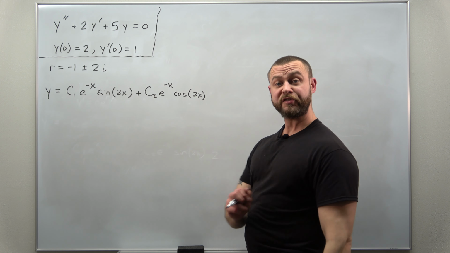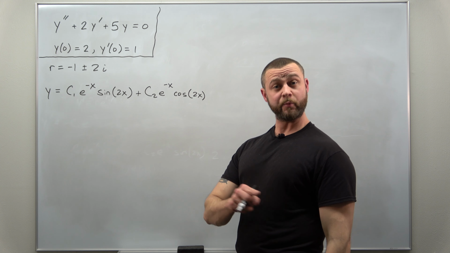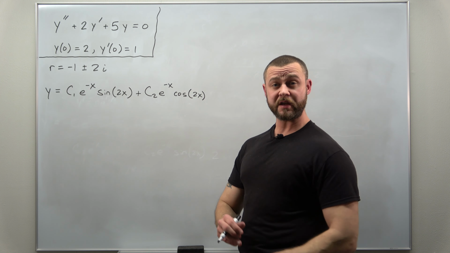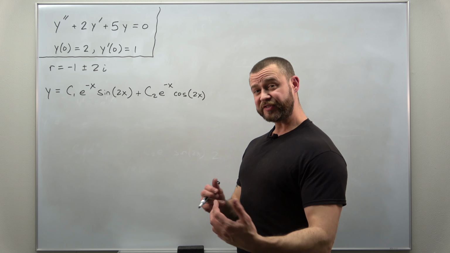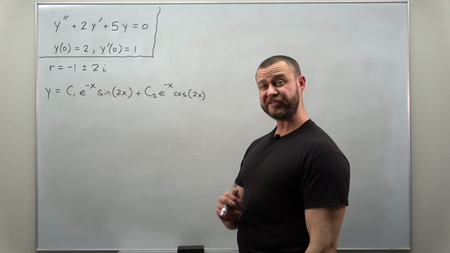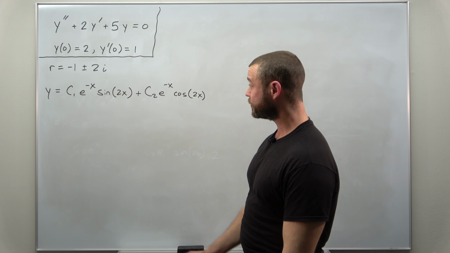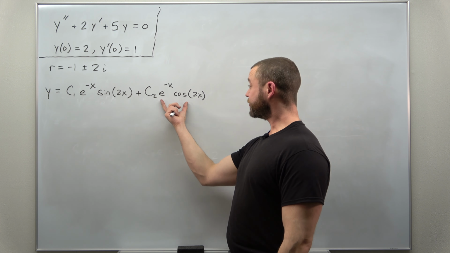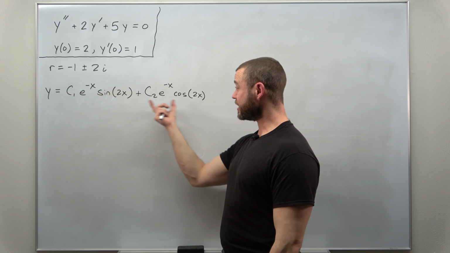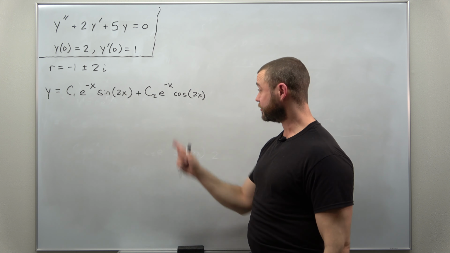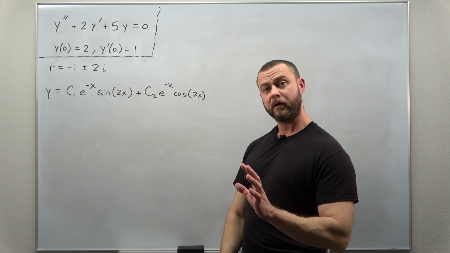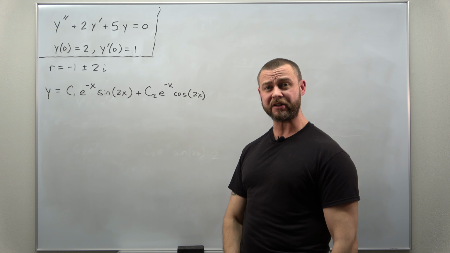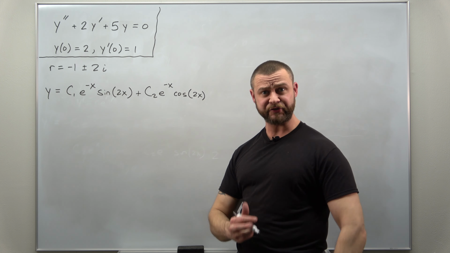All right, let's go ahead and solve for the values of c1 and c2 using the initial conditions. This is going to be a little bit of work because in order to calculate y prime, notice we're going to have to apply the product and chain rules twice to each of those two terms. I'll take my time with my students in class when going through this, so let's do the same now.